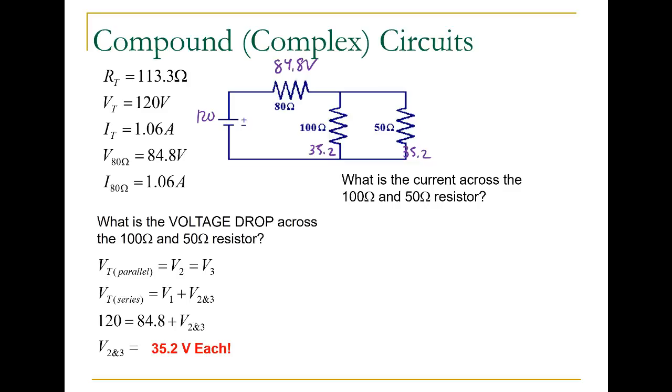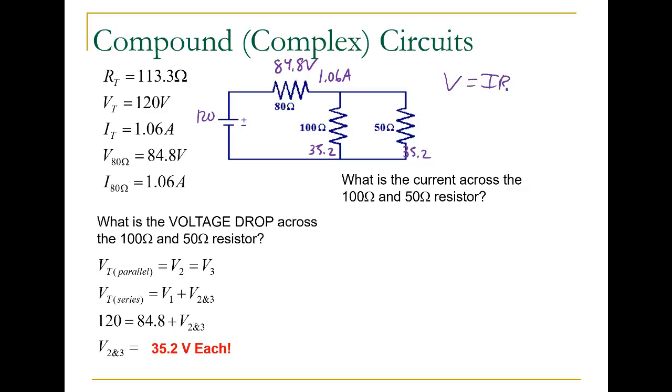Okay, and finally we could ask the question, what is the current across the 50 and 100 ohm resistors? And we know that the current going through the 80 ohm resistor is 1.06 amps, but that's going to split up. And if you think about it, the 100 ohm has twice as much resistance as the 50, but they have the same voltage.